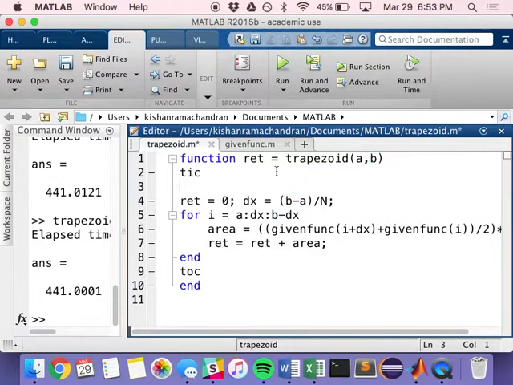We can leave dx here. We'll say for j equals, and let's go 1 to 10.